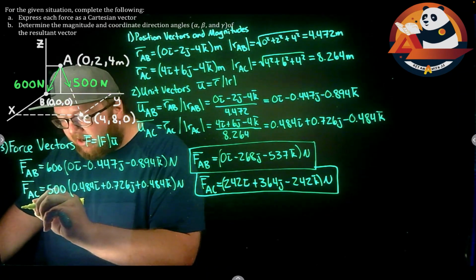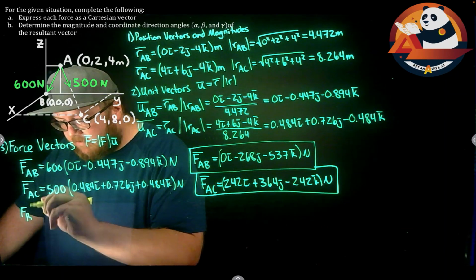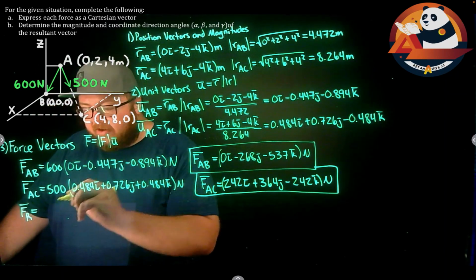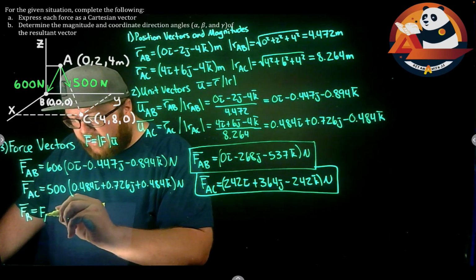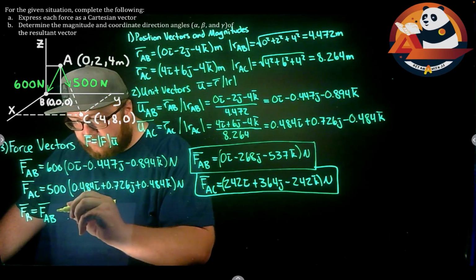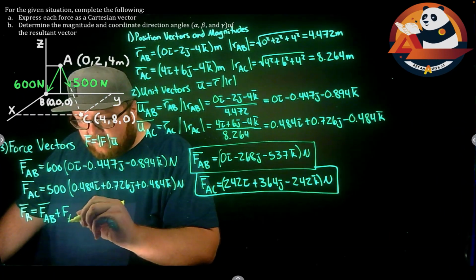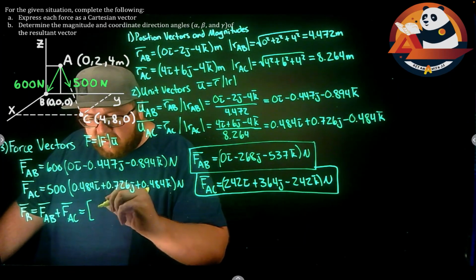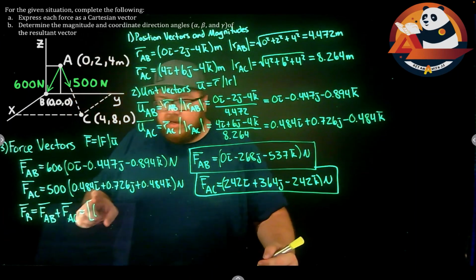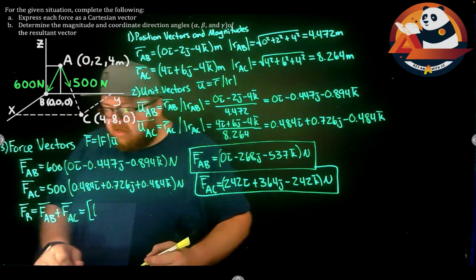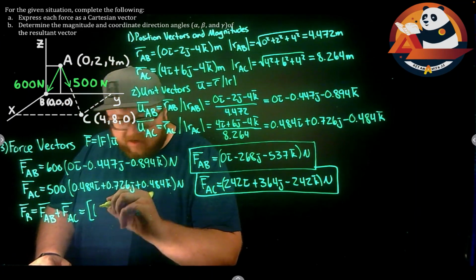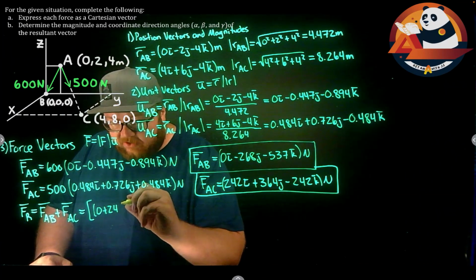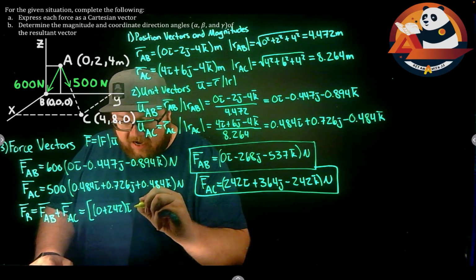So what is FR? My resultant vector is just, well, I have two vectors. I just need to add them together. So this is FAB plus FAC. We're just going to add like terms. I have 0i plus 242i, which is 242i.